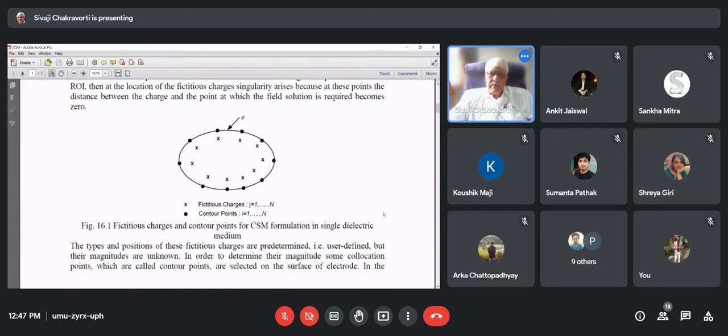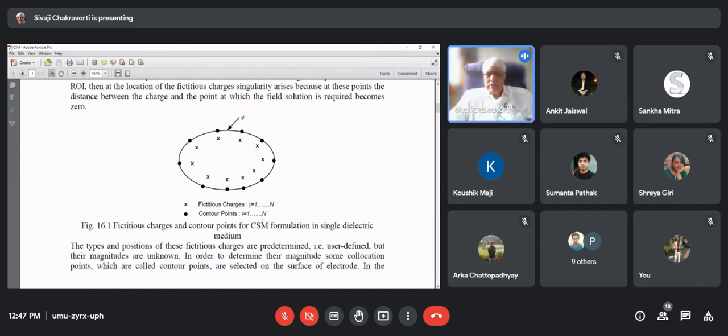So whenever in CSM we take this fictitious charge, the Earth surface and the height from the Earth surface we have to consider. We take the image charge of opposite polarity. That means if it is Qj, then it is minus Qj. And the coordinates of the image charge we can automatically find out from the coordinates of the fictitious charge.